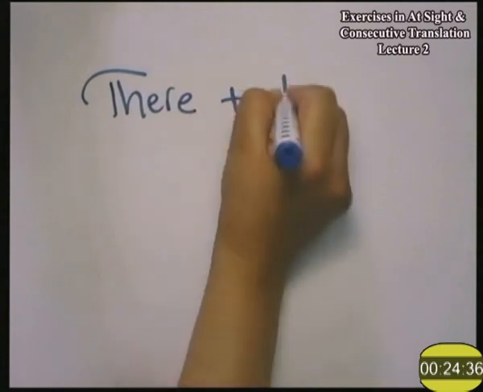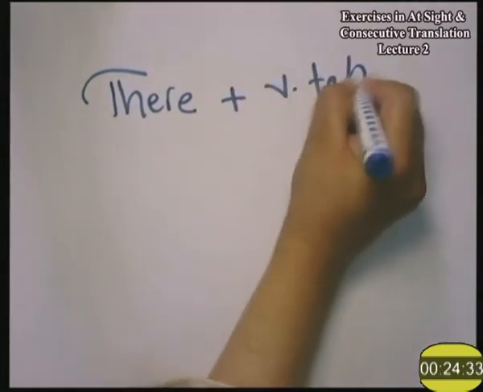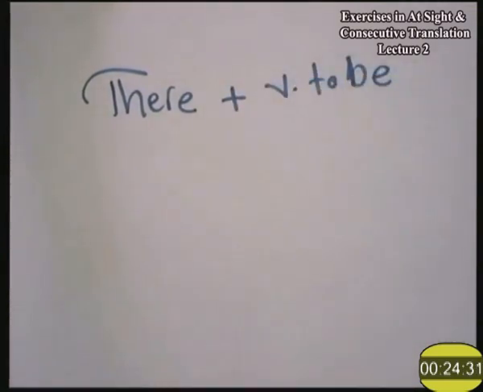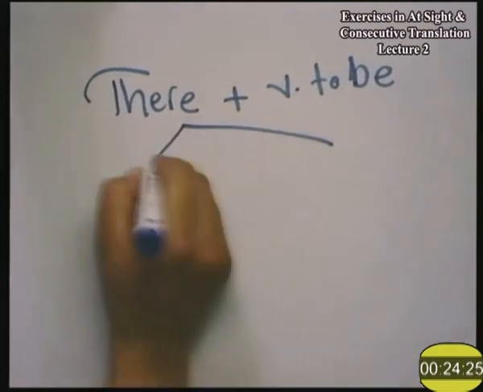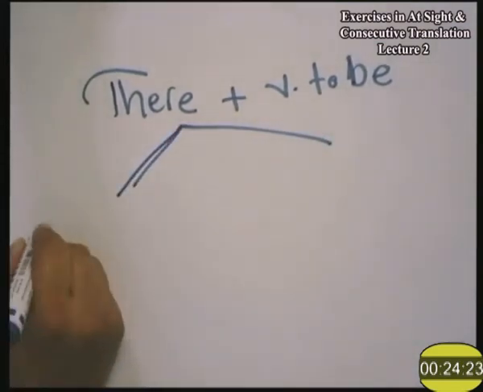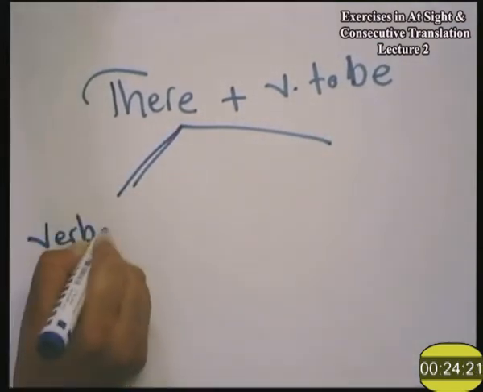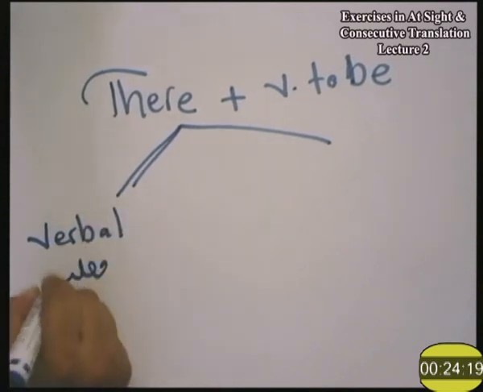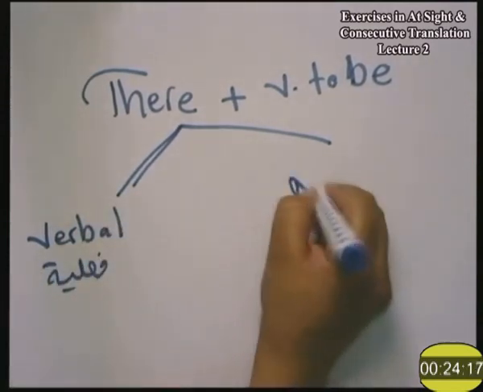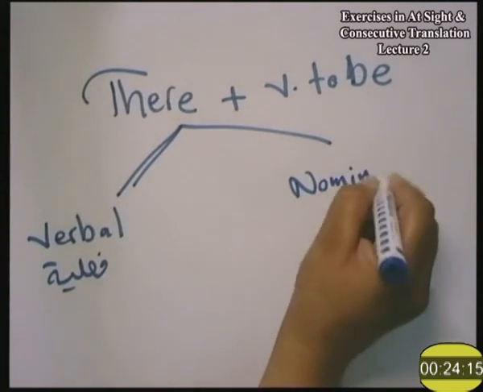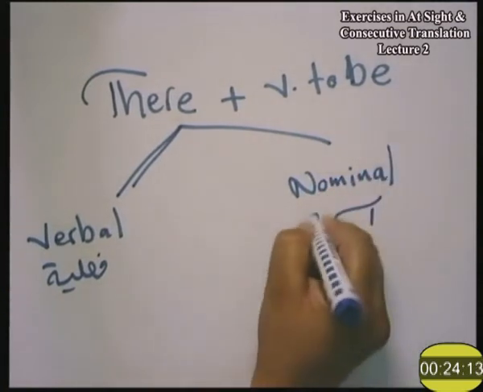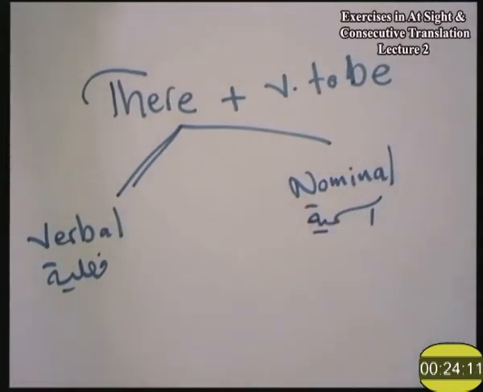There plus verb to be في أي زمن، سواء كان الزمن ده present or past مش مشكلة. المهم verb to be ده في طريقتين. يا إما verbal يعني فعلية زي ما اتفقنا، أو nominal اللي هي اسمية. هنشوف two examples على كلمة there plus verb to be.